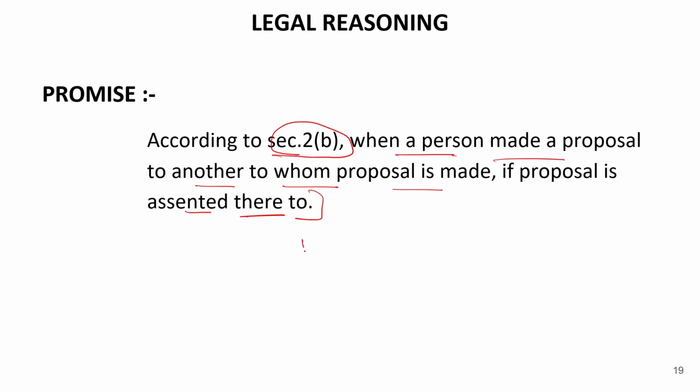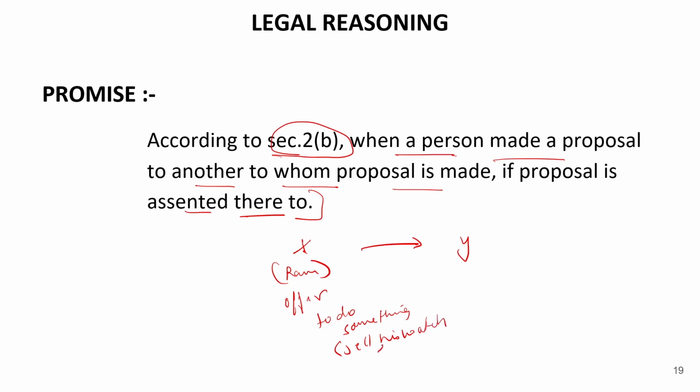So when X, Ram, has given Y his willingness, or what we say offer, to do something, and what is that? To sell his watch for a consideration, or an amount, of rupees 5,000.